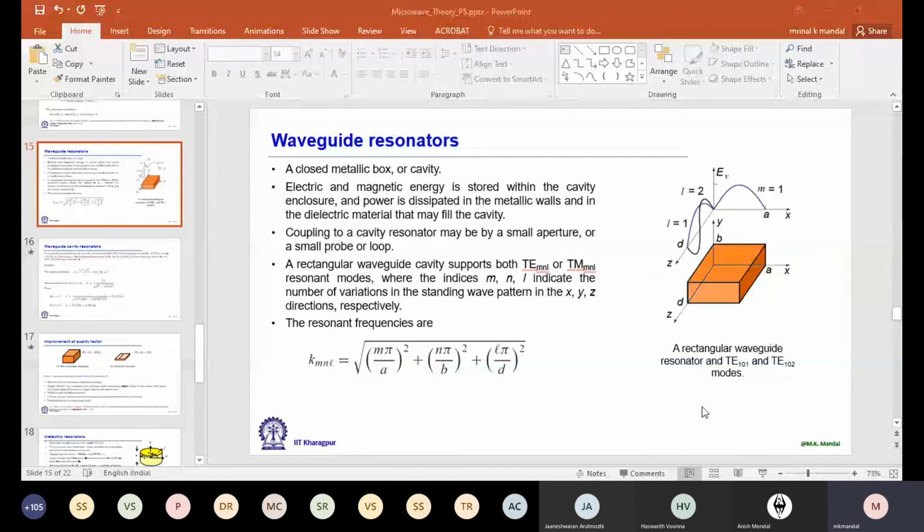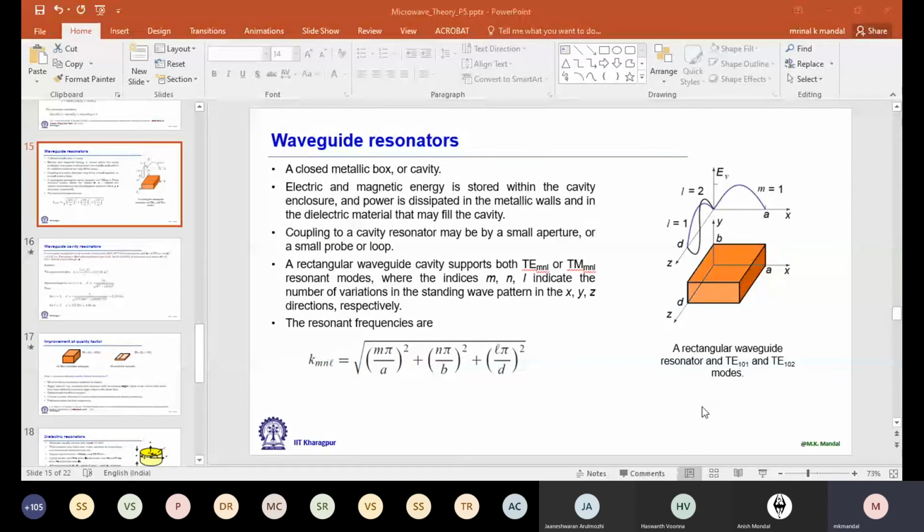So we have one half wavelength along z and another half wavelength along x. Okay, so it is TE101. So put M equal to 1, N equal to 0, L equal to 1, and put the values of a and b. You then have the resonant wave number k.